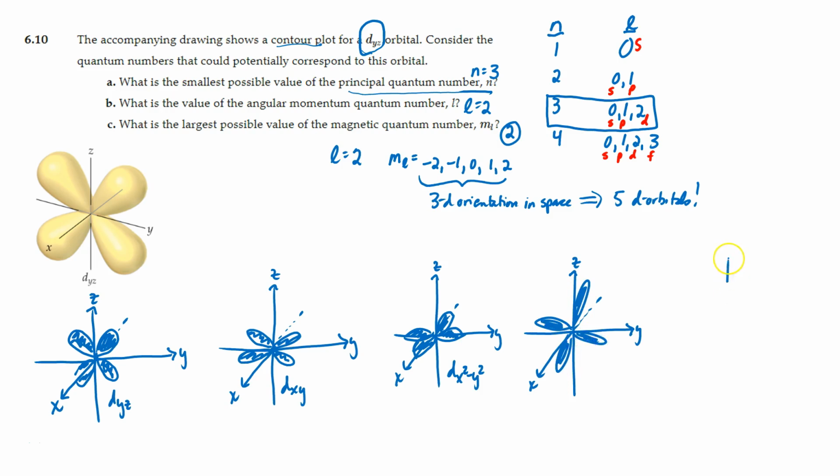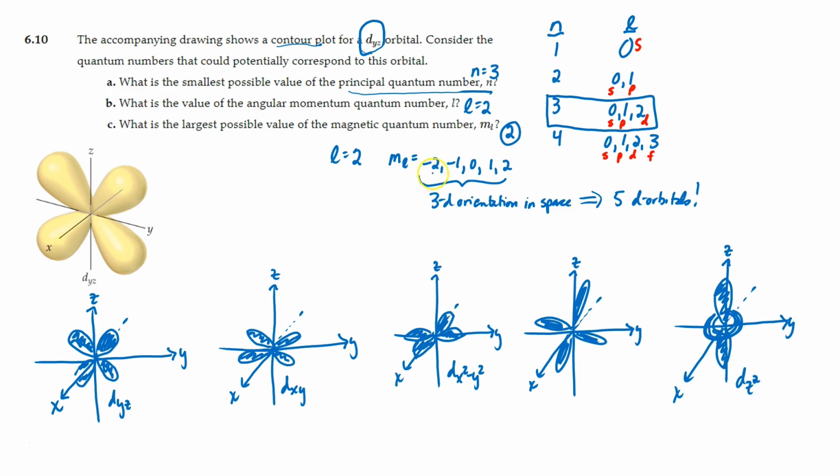And then the final orbital that we have is the coolest looking orbital, I think. We call it the dz squared. It's got density on the z-axis, but then it has that donut. So this is the dz squared.